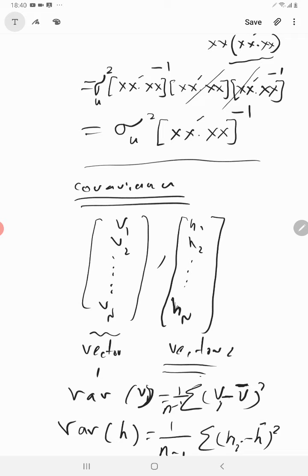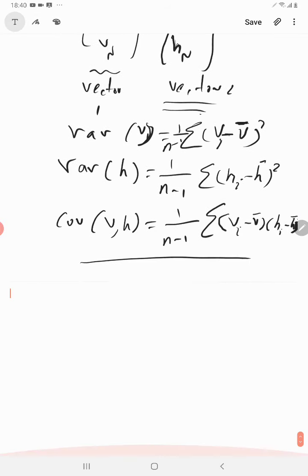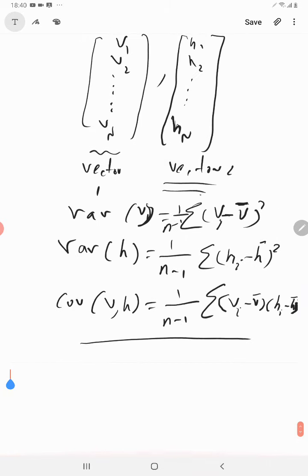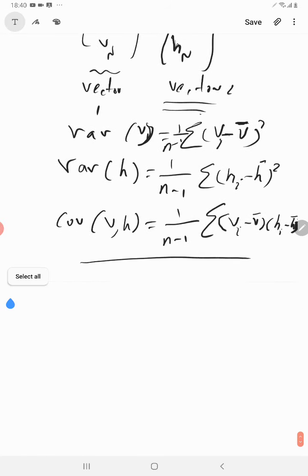Now, going back to this one here, we know how to calculate this. This is one way of calculating the variance matrix.